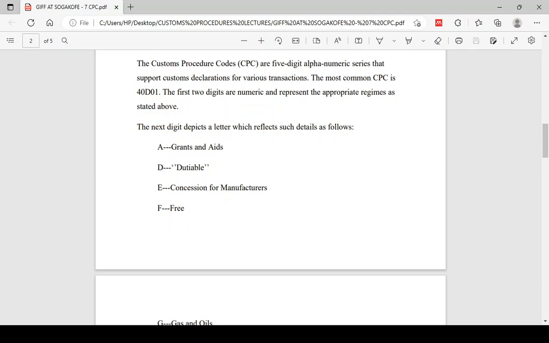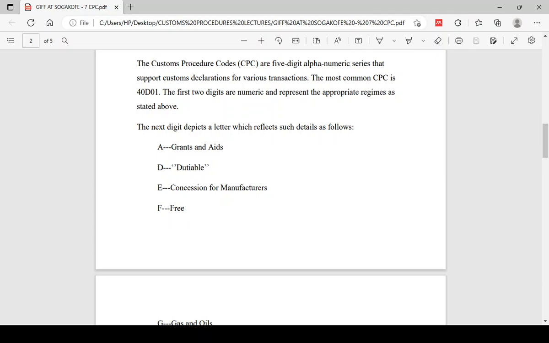So if you say, for instance, 40A so and so, meaning the transaction is being covered by grants and aids, definitely the system will not calculate taxes because grants and aids are from diplomatic bodies. But the moment you see D, meaning the system will be calling for payment of full duties. If you don't want to pay duties, it is exemption, you use E. Then if it is free, you use F, and the list goes on and on.